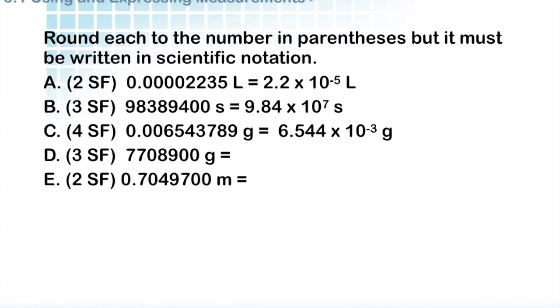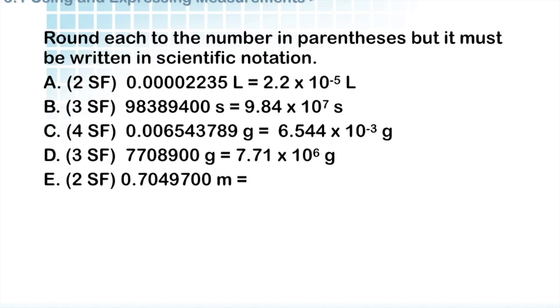So it becomes 7.71 times 10 to the what? Oh, we got to start at the 0 on the right. I go 1 to the left of the first 0, 2 to the left of the second 0, 3 to the left of the 9, 4 to the left of the 8, 5 to the left of the 0, and 6 between the two sevens. So it becomes 7.71 times 10 to the 6th.